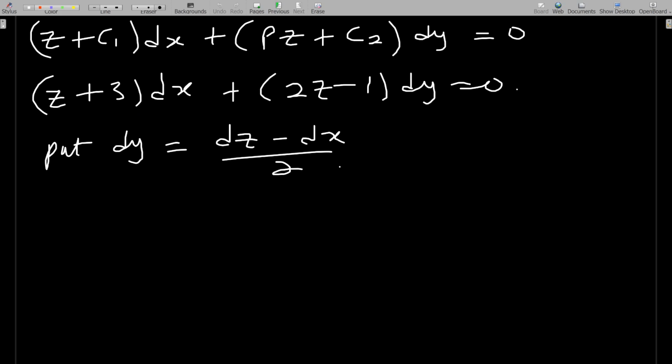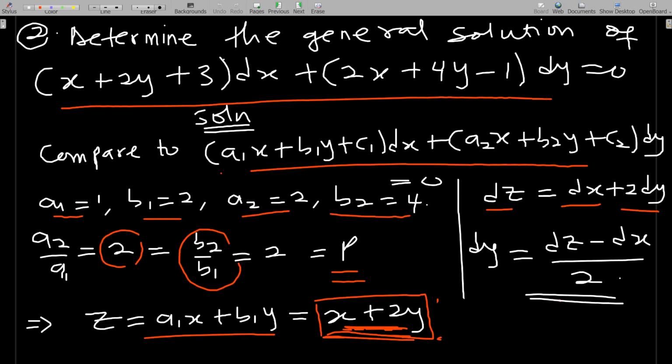Now here we said that the transformation equation will be (z plus c1) dx plus (2z plus c2) dy. Here our c1, you go back to the equation and realize that this is your c1, so c1 is 3, and my c2 is negative 1 from this equation.